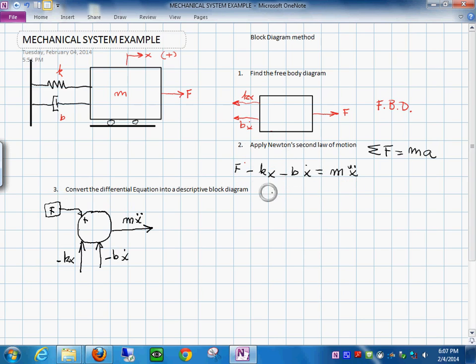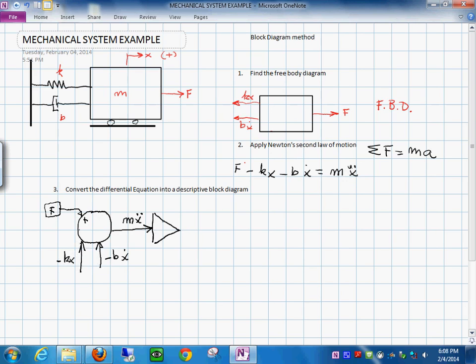The summation of these terms is expressed in this summation point, and this is the result. If you start like this, chances are that you will have an easy time doing this block diagram.